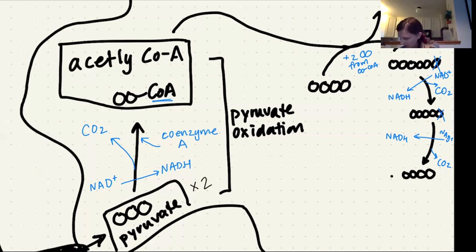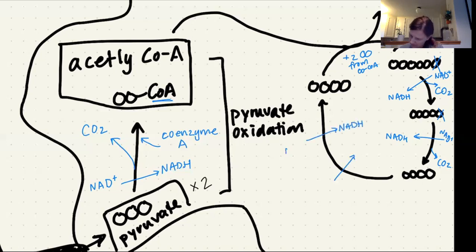We're going to get a bunch of enzymes, and we're not going to talk about all of them, but that 4-carbon molecule is going to be converted to a different 4-carbon molecule. And in the process, we're going to see several things happen, and you don't have to know the steps here. We're going to see again NAD plus be reduced to NADH.